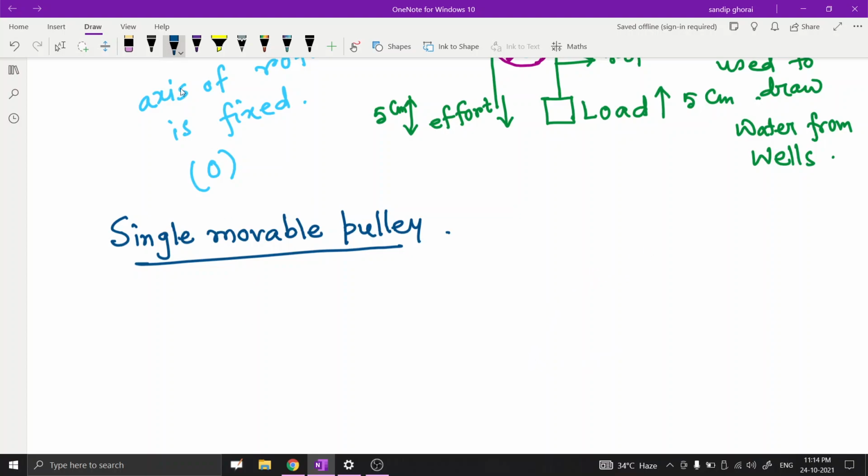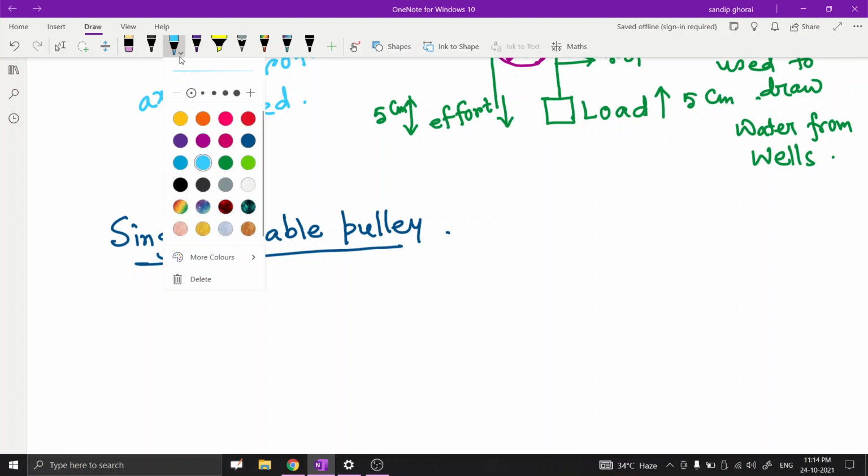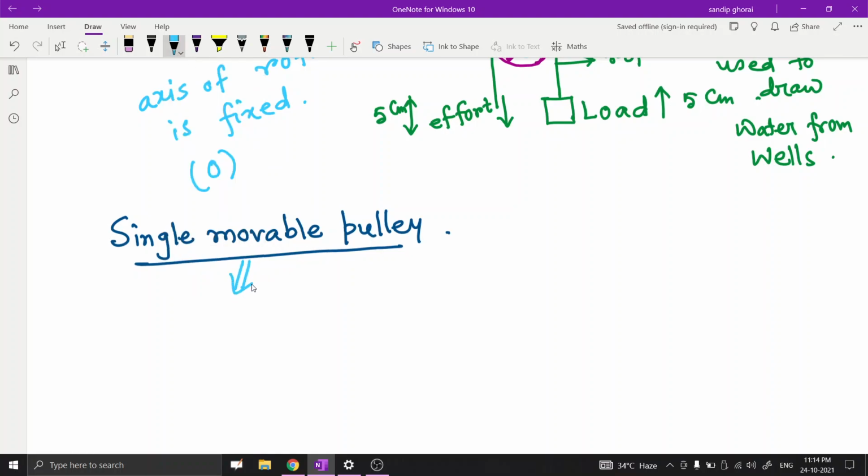This is the key point. The axis of rotation is not fixed.